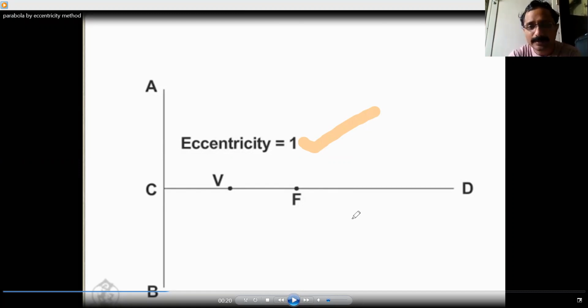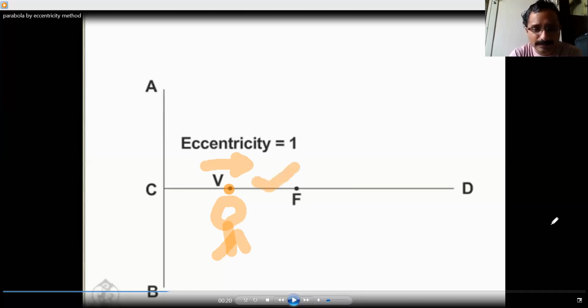Now I want to identify a few points after vertex V. Let us say I am standing at this point. In this way, I am observing a few points after the vertex, maybe at equal intervals or maybe not equal intervals. I am selecting some points randomly on this line.